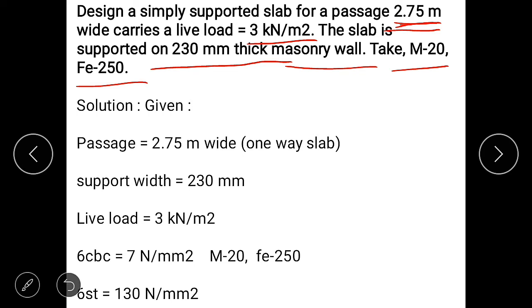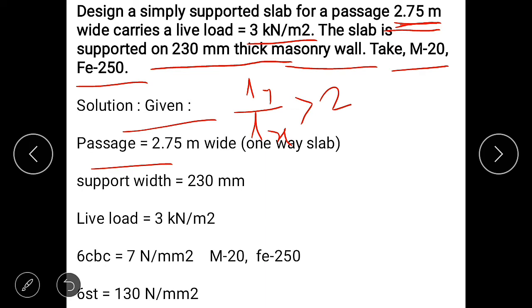Okay, given data, passage width is 2.75 meter wide. So how do we consider whether the slab is one way or two way? The ratio of Ly by Lx, if it is greater than 2, it is called a one way slab.